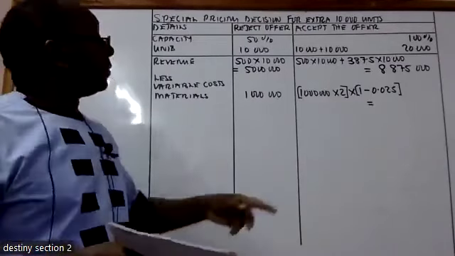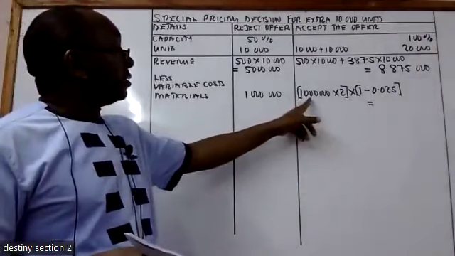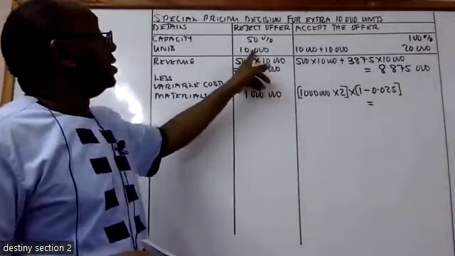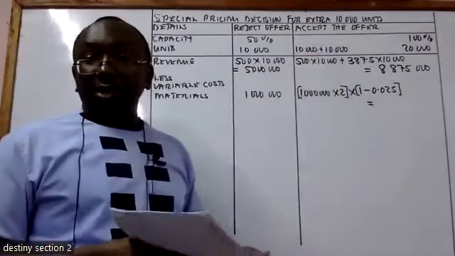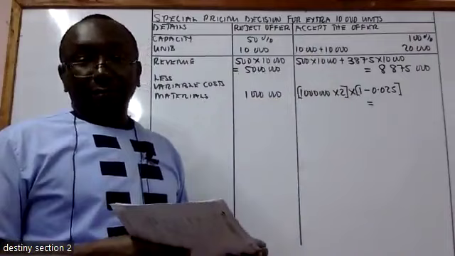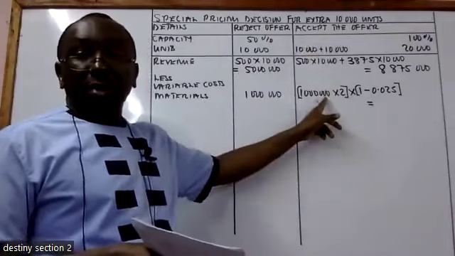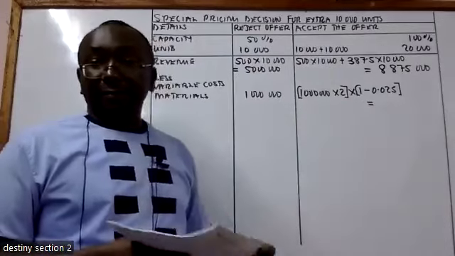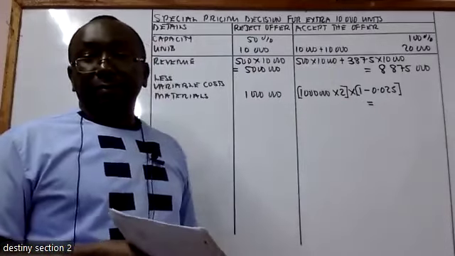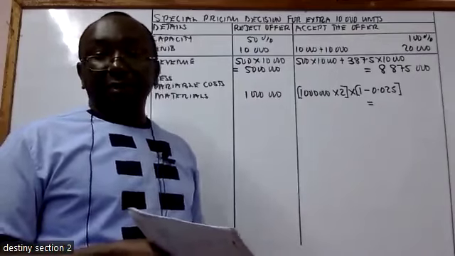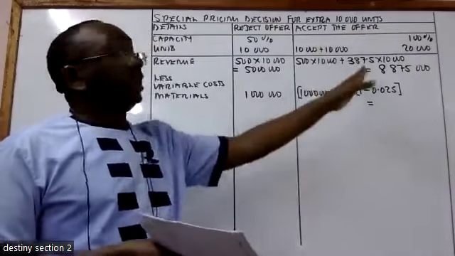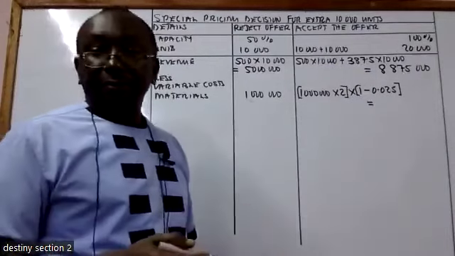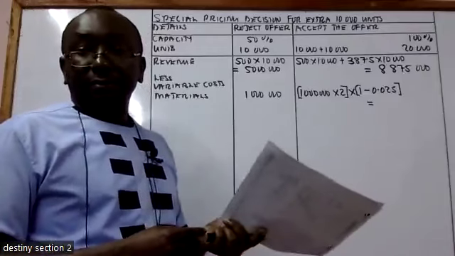We are saying it is 1 million times 2, because this 1 million was for 10,000. Now here we have 20,000 units. So you multiply by 2. But the cost is coming down by 2.5%. And it's not just 2.5% for the next 10. It is for everyone. Is that okay, Jacinta?